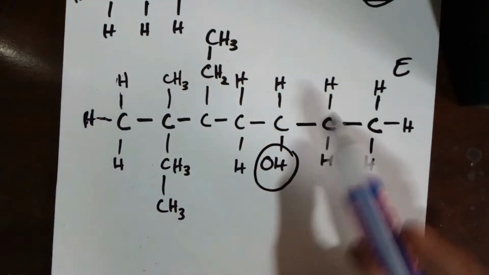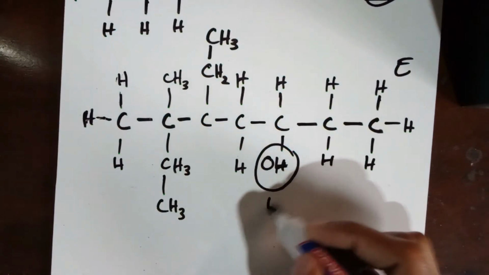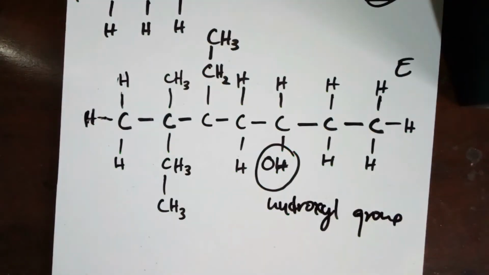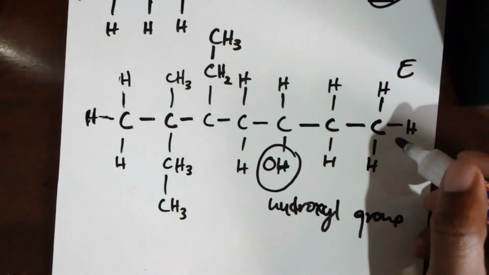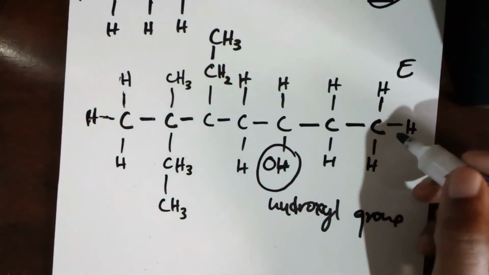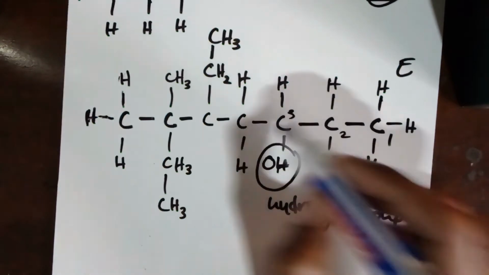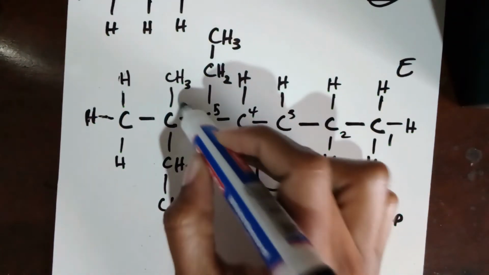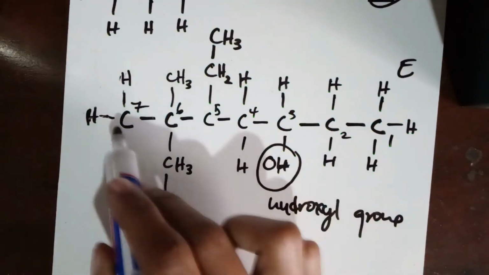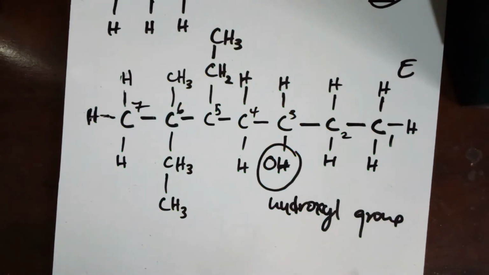So every time we label alcohols, the OH or the hydroxyl, we call it hydroxyl group, will take priority, meaning we have to start numbering from the right, not the left. So we have 1, 2, 3, 4, 5, 6, 7. So our longest chain actually has 7 carbons.